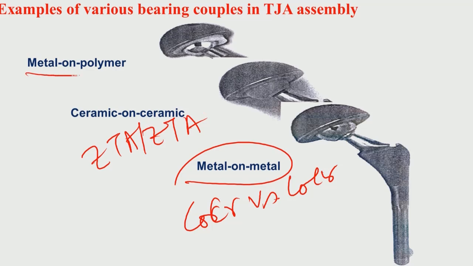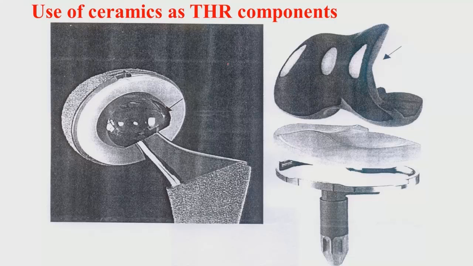Metal and polymer based combinations, like cobalt chrome versus ultra high molecular weight polyethylene, are also clinically used, and people have done a lot of hip simulator studies on this kind of materials. This shows hydroxyapatite based coatings, and this is your femoral ball head going into the acetabular socket here, and this is a knee replacement. So, knee and hip, you can see that the way the tibial component and femoral component are placed is characteristically different.